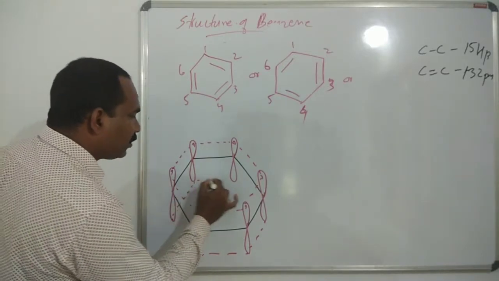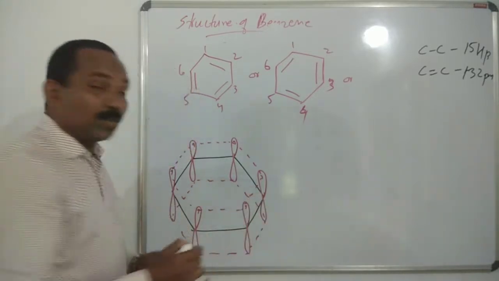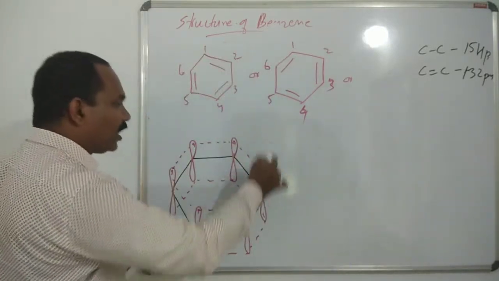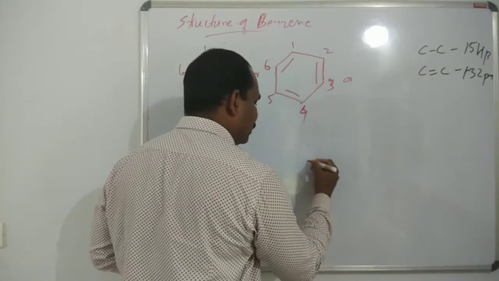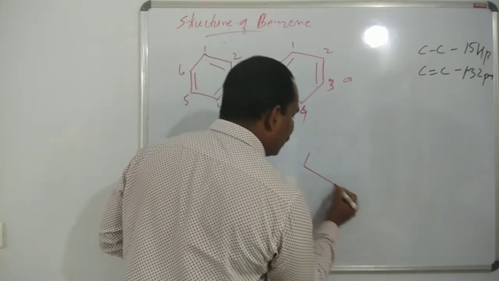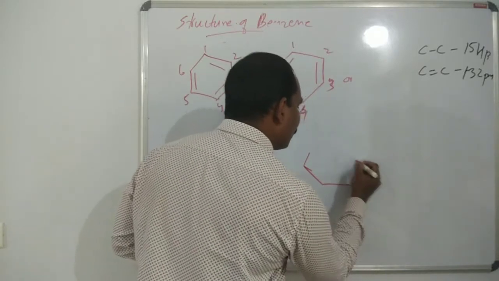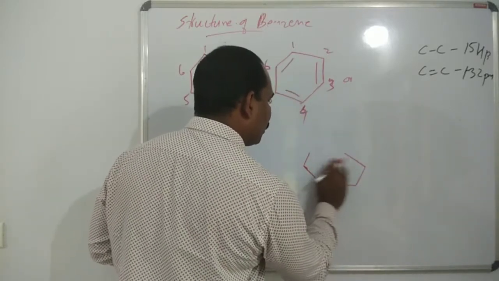The electron cloud resonates through the 6 carbon atoms, and we get one electron cloud above the plane. So that's why we can draw it like this.